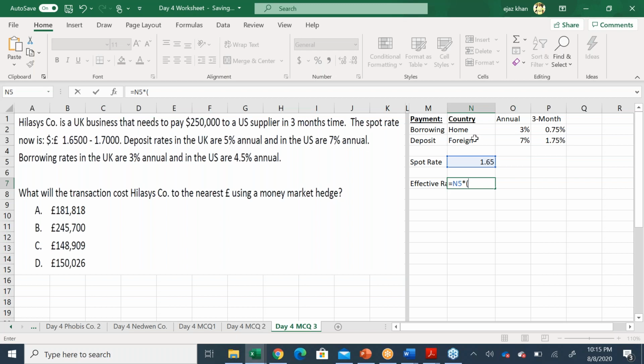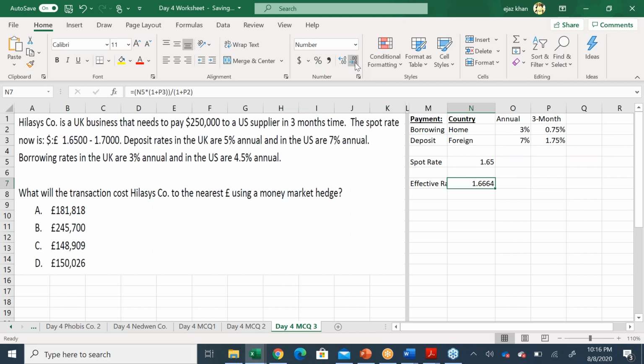So foreign currency, here we go, 1.75. So 1 plus 1.75, divided by 1 plus the other rate. Let's close this bracket. That's the rate.